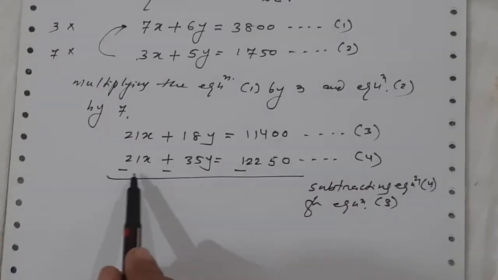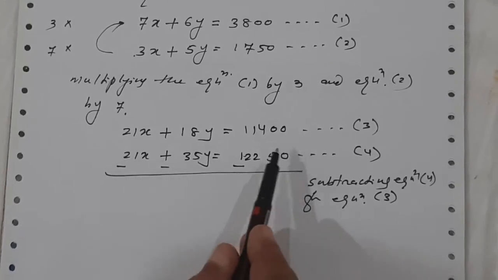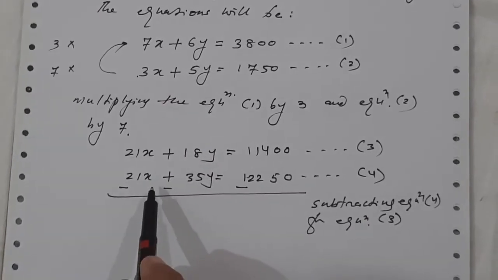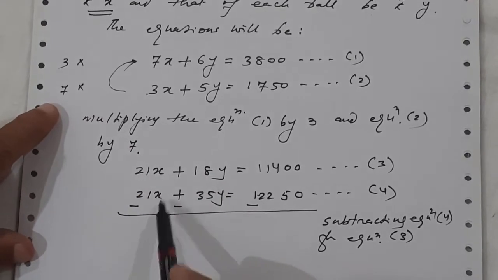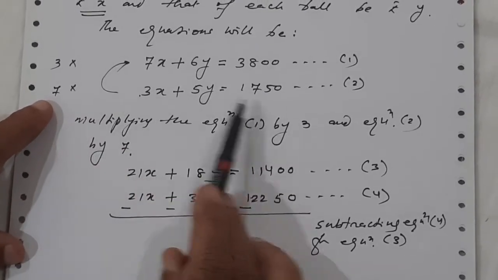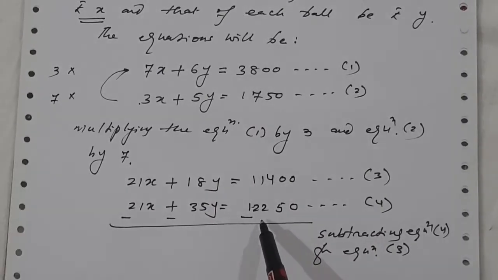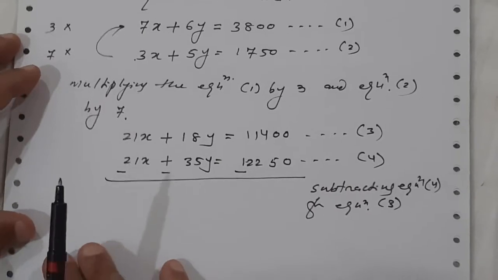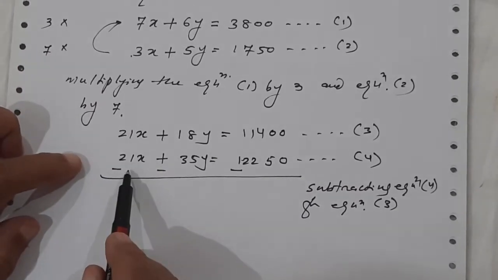So we get the second equation, and that is the fourth equation. Now you see that the 21x terms are the same.